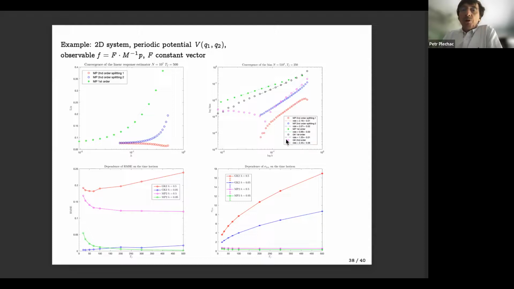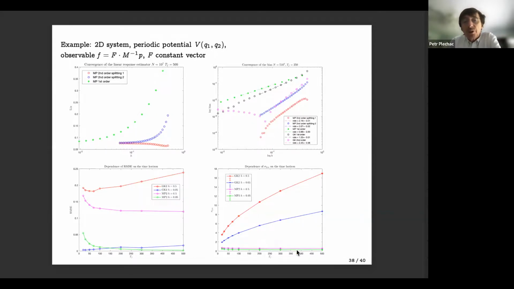While the Green-Kubo estimator of first order again gives a first order rate. The more interesting part is the dependence of the variance. The red and the blue curves show that indeed the variance of Green-Kubo estimators grows in time, while the variance of this second order martingale product estimator stays constant.